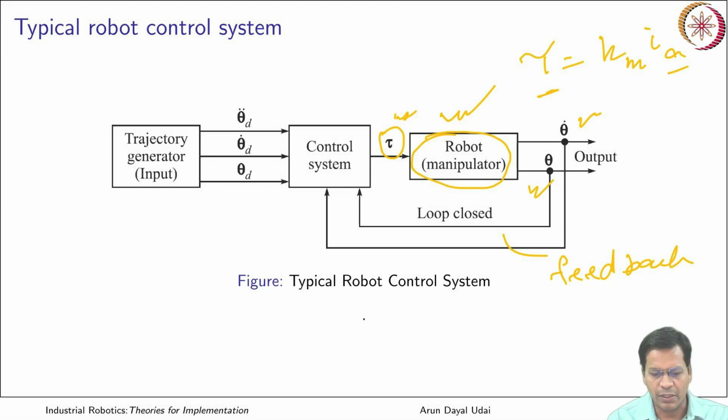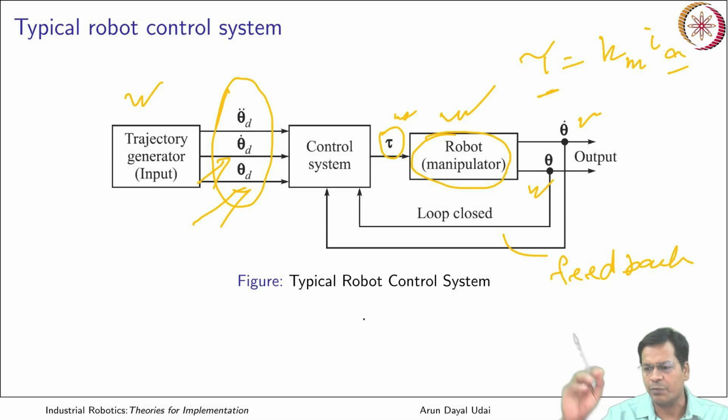This takes input from the trajectory planner. If I want to do welding, or move in air and do some painting operation, those trajectories are fed from here. This is a set of positions that is fed, the velocity required at each moment as you go along, and the acceleration that you want at every instant of time.